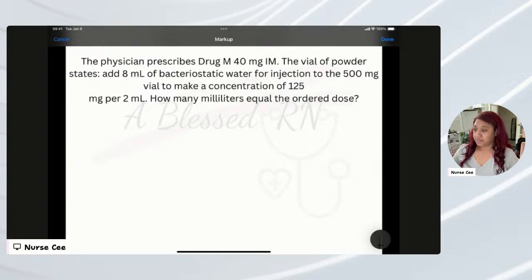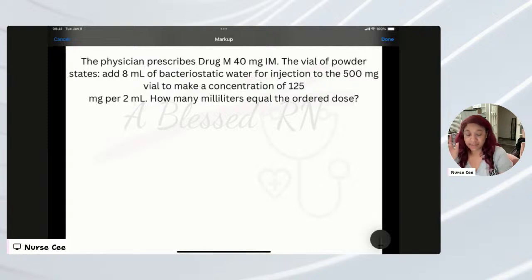All right. So reconstitution, another big word for add water or liquid to a powder and make it a liquid so that you can give it to your patient. Okay. So reconstitution, you have to do one thing and one thing only, and that is to concentrate on the concentration.